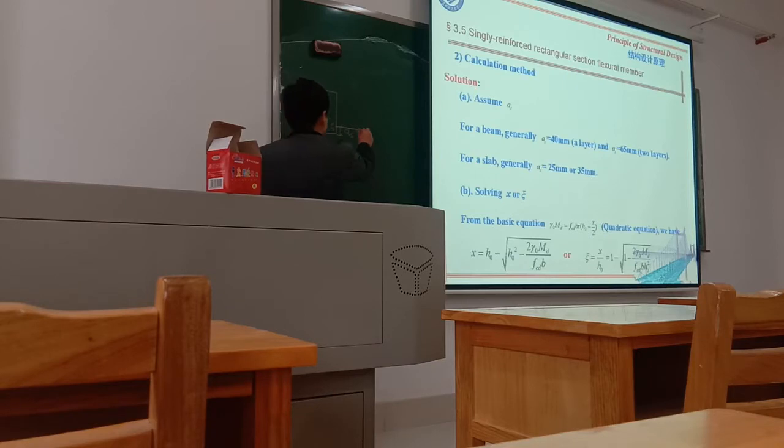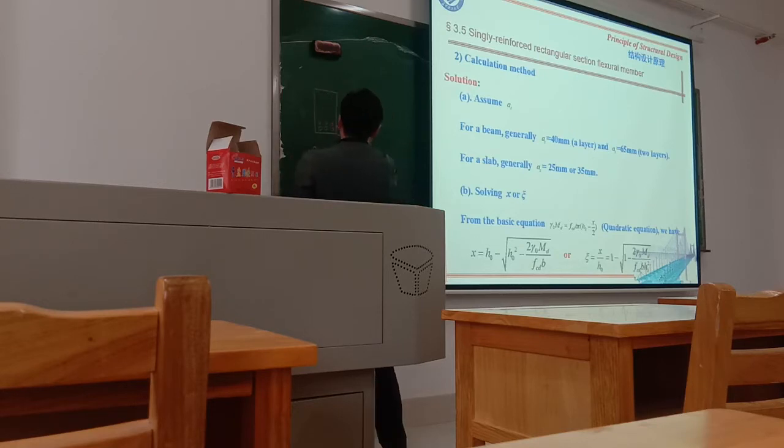Because in the calculation, I'm not sure if you still remember, it is sigma F, T, or Fsd, and sigma A, AS, AI.